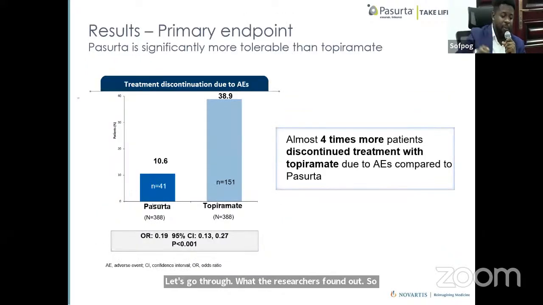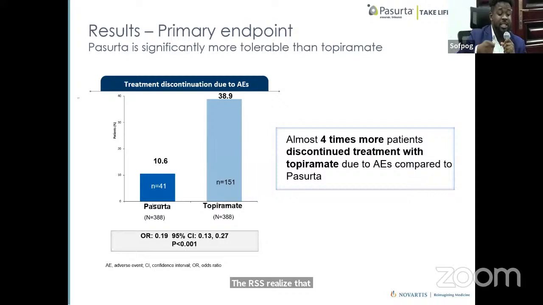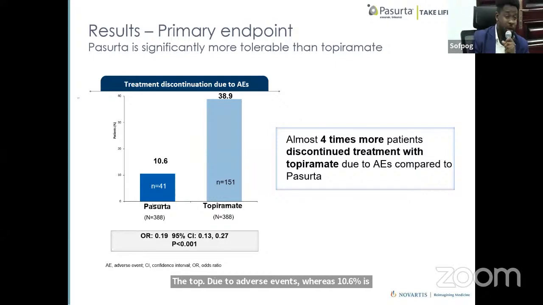Comparing Pasuta to topiramate, the researchers realized that almost 38%, 38.9% of patients discontinued topiramate due to adverse events, whereas 10.6% discontinued Pasuta due to adverse events.